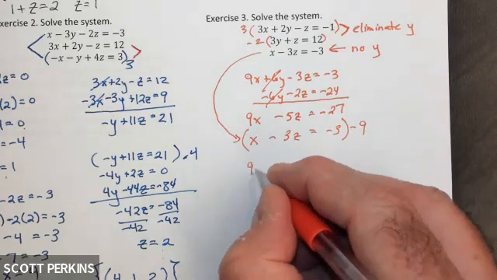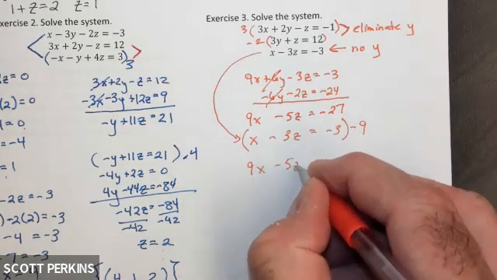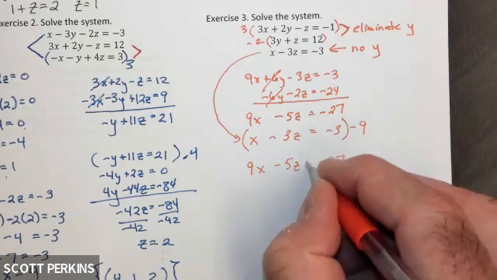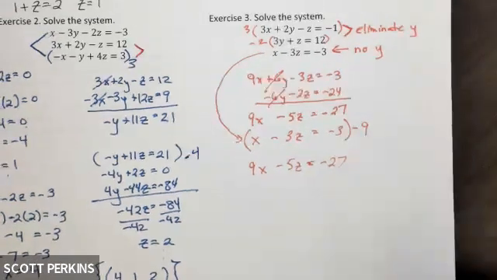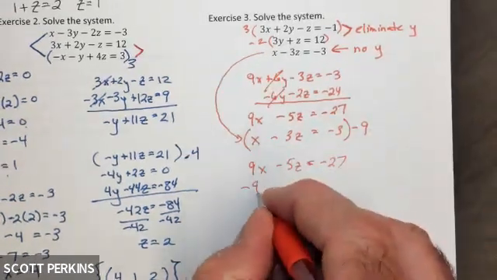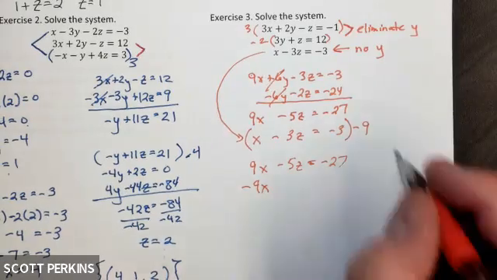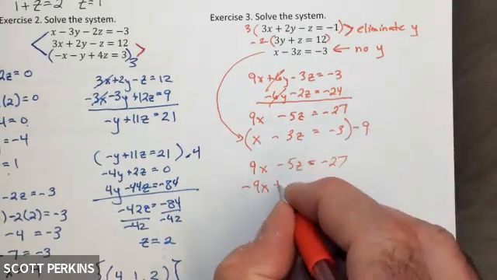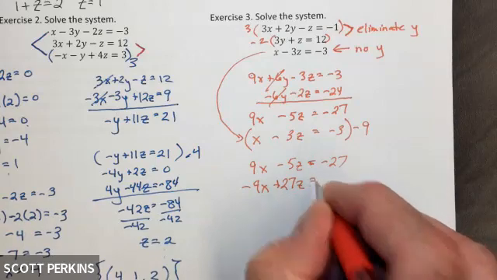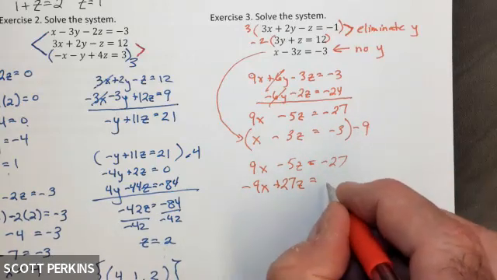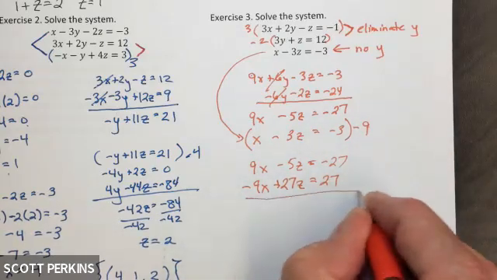So the top equation, 9x minus 5z is equal to -27. Nothing changes there. The bottom one becomes -9x. That's good. That'll cancel. And then I have plus 27z. Okay, that's an awkward number. And then -9 times -3 is positive 27.